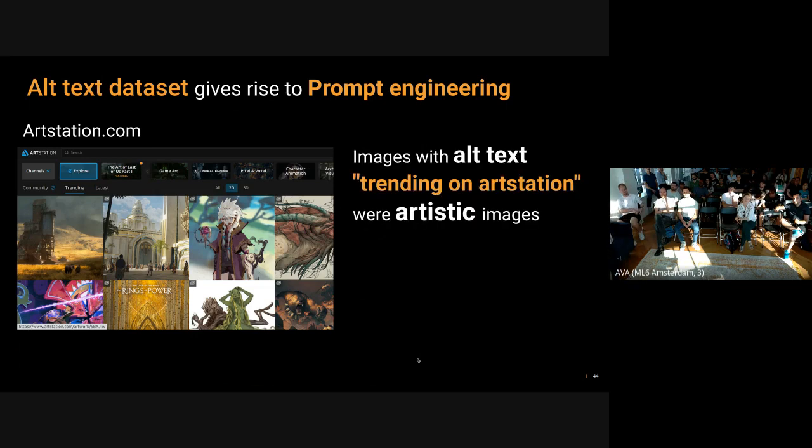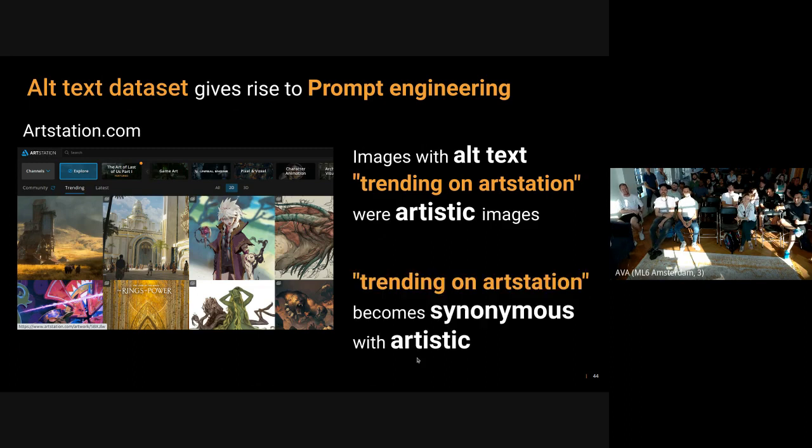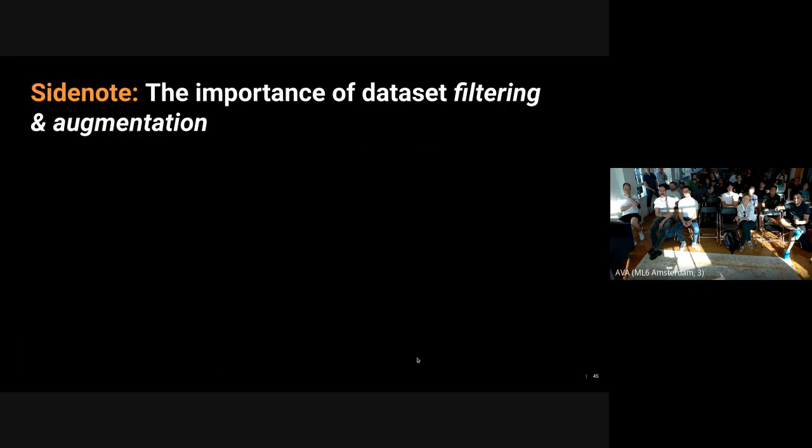So all the images that the model has ever seen, including the text trending on ArtStation, were very good images. In consequence, trending on ArtStation becomes like a synonym with beautiful, with artistic, with a good image. So that's how the model reasons about the world, which I think is very cool.